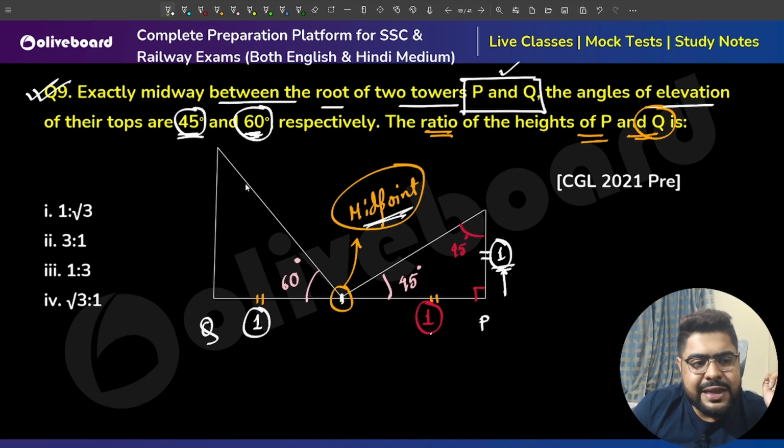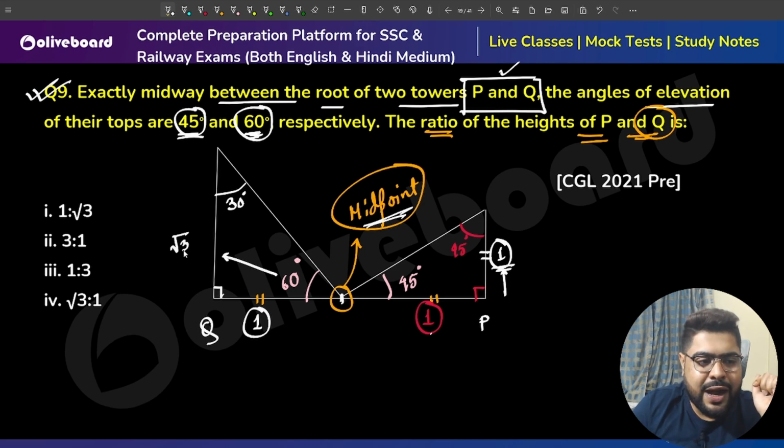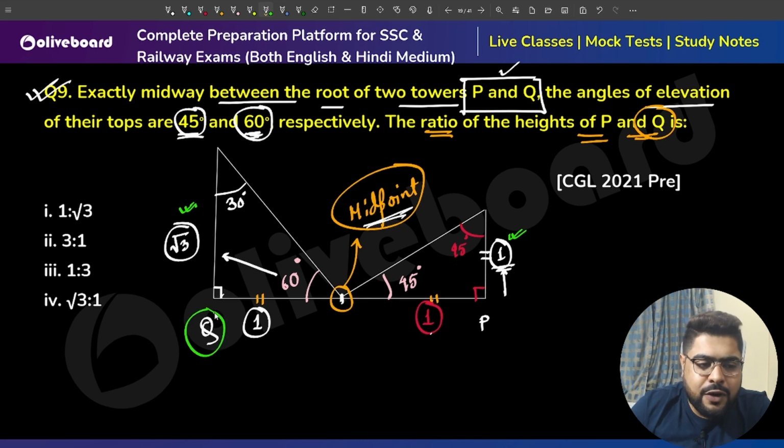And this is 30 degrees, because 90 is this and 60 is this, so it has to be 30. If the side opposite 30 is 1, what is the value opposite 60? The ratio was 1 to root 3, so it will be root 3 units. We don't need any actual value. The height of tower P is 1, the height of tower Q is root 3.